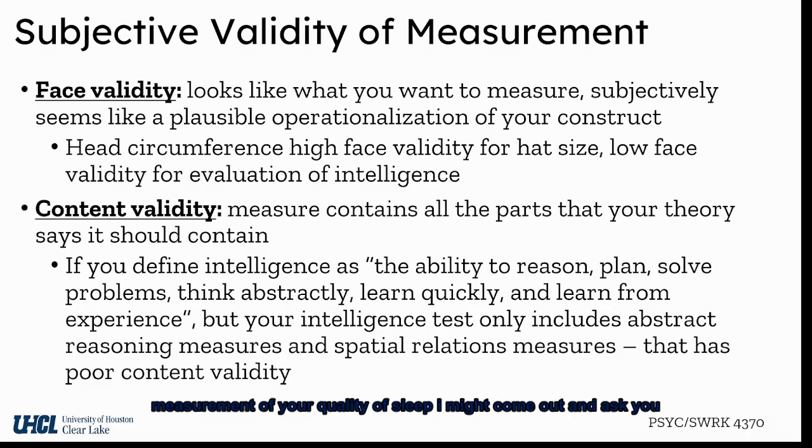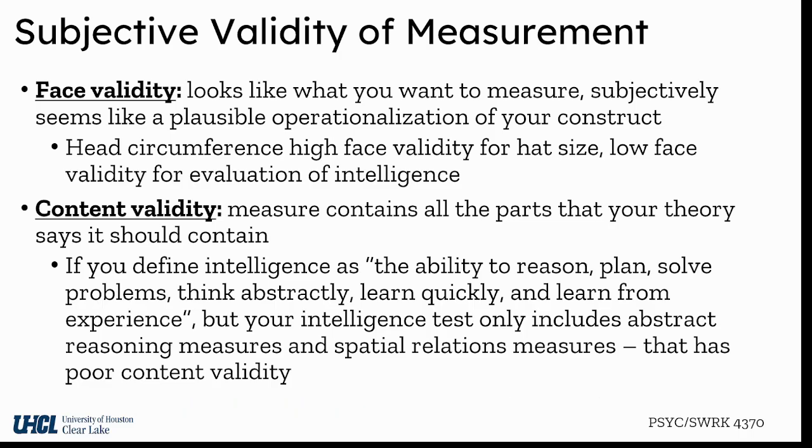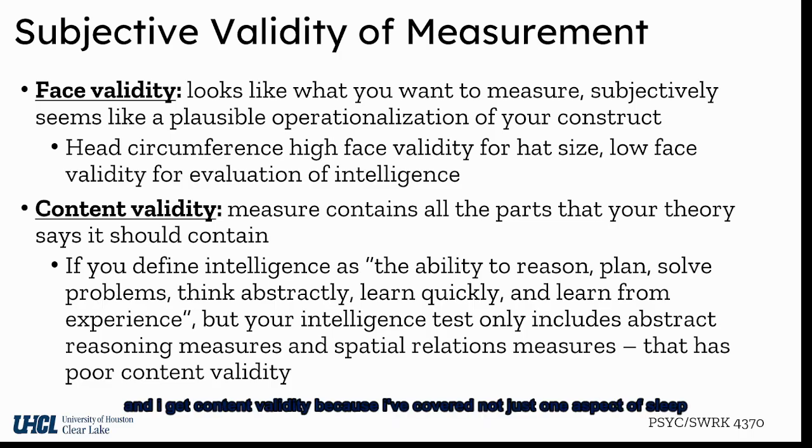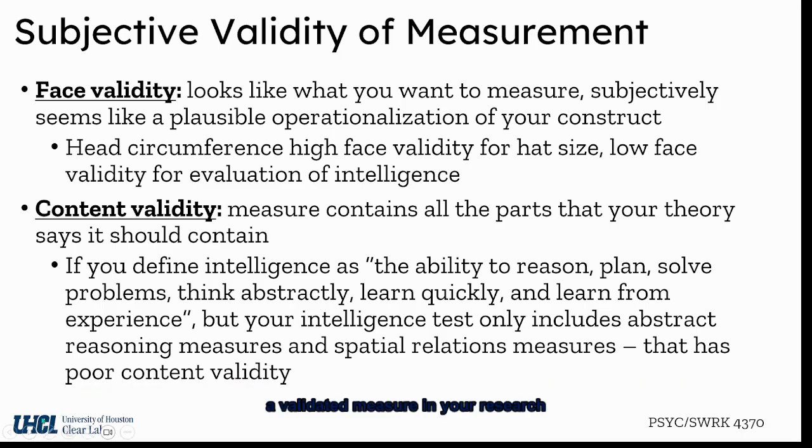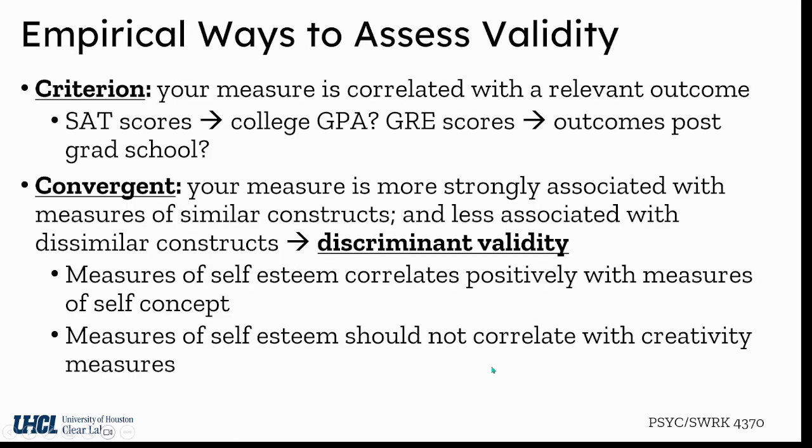I might come out and ask you, on a scale of 1 to 10, how well do you sleep every night? I put those all together and I get content validity because I've covered not just one aspect of sleep. I've covered many aspects of sleep, and those things have been validated on the PSQI, so I know it has content validity. That's an advantage of using a validated measure in your research instead of making up your own.